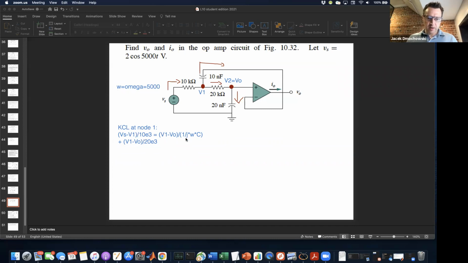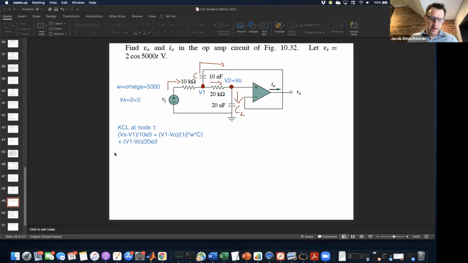So we're going to plug in 5,000 for omega, and I should have indicated that this I'm going to call C, and this I'm going to call C2. Let me make sure I got that right. Oh yeah, and the other thing that I need to write down is that Vs is just equal to 2 angle 0.